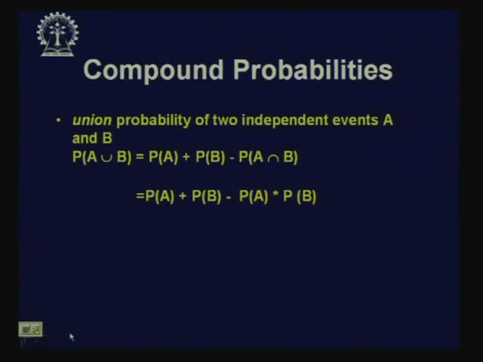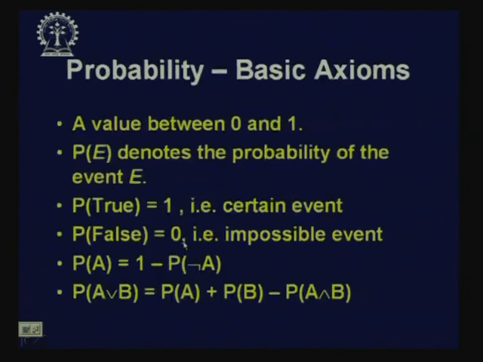Okay. Next, the basic axioms of probability we can quickly summarize: probability is a value between 0 and 1. P E denotes the probability of the event E. If the event E is always true, then P true is 1, that is a certain event. There is no uncertainty involved in it.